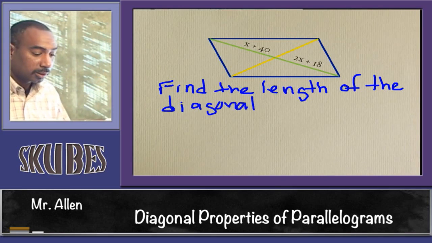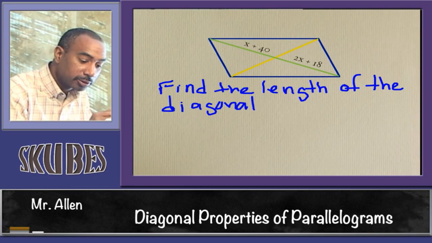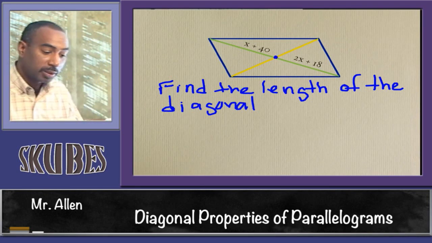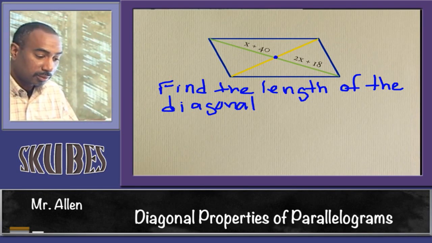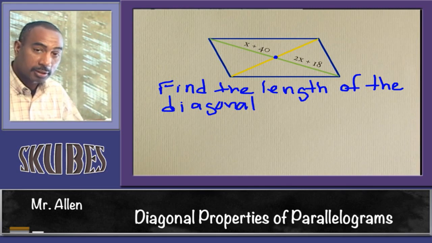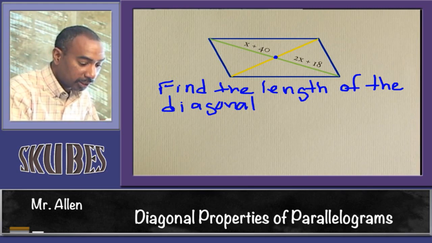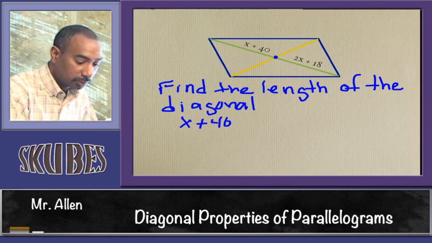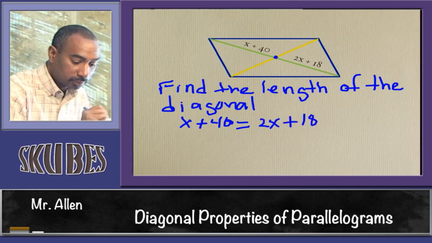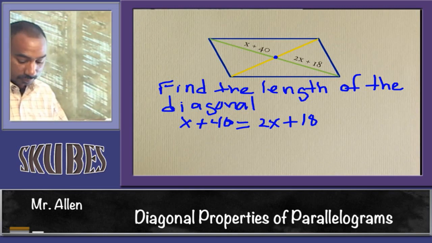Okay, again, I see these two diagonals intersect, which means it forms a midpoint. I can set these two expressions equal to each other. So I'll get x plus 40 equals 2x plus 18. And from there I solve.